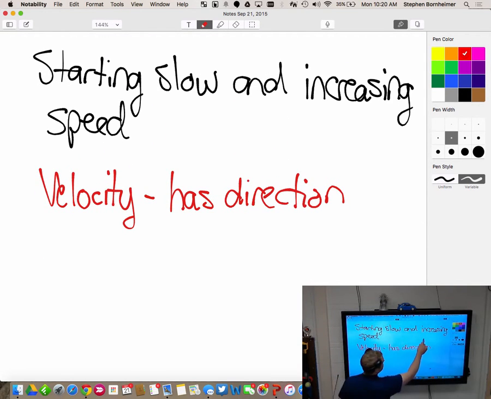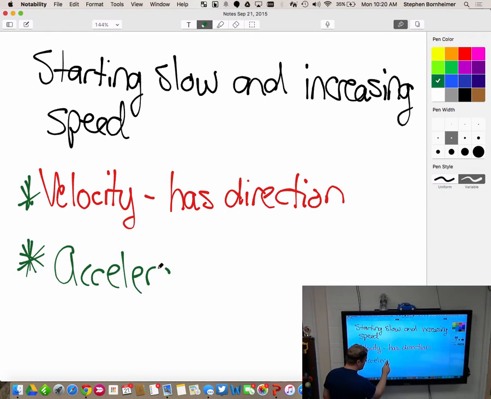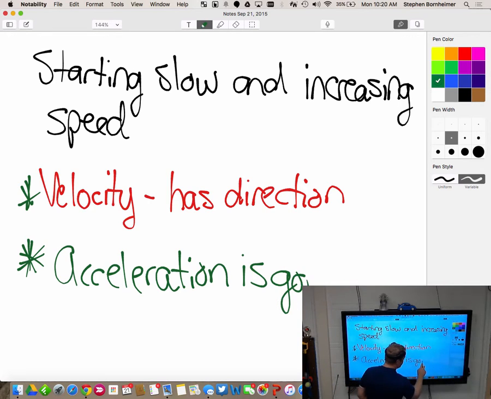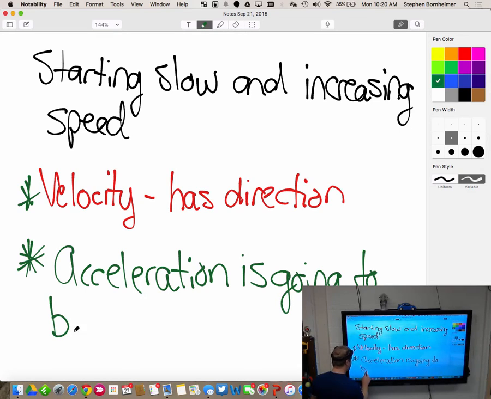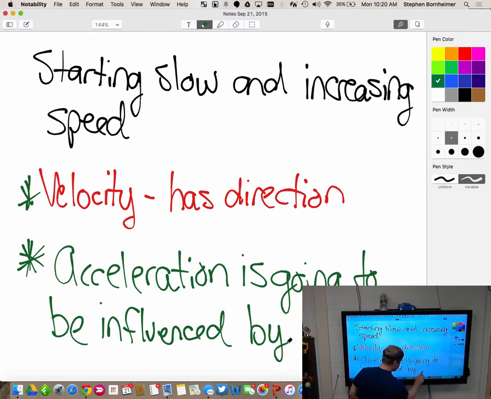So the next idea that you need to write down is that acceleration is going to be influenced by direction. And we'll come back to that in just a little bit.